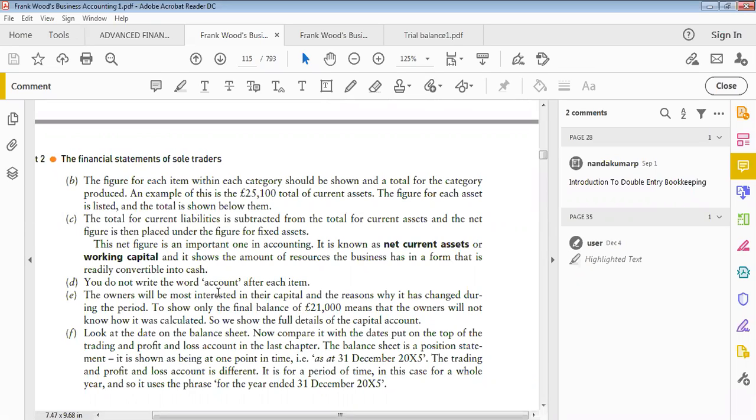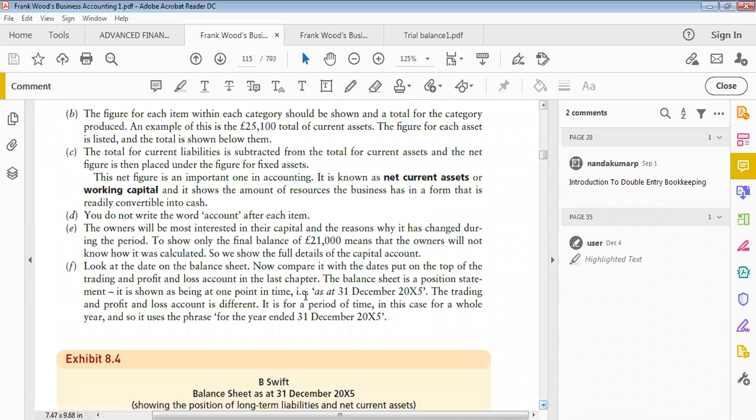You do not show just the total right there after each item, you know this, right? The owners will be most interested in their capital, and the reasons why it has changed during the period. To show only the final balance of 21,000 means that the owners will not know how it was calculated. So we show the full details of the capital account, right?